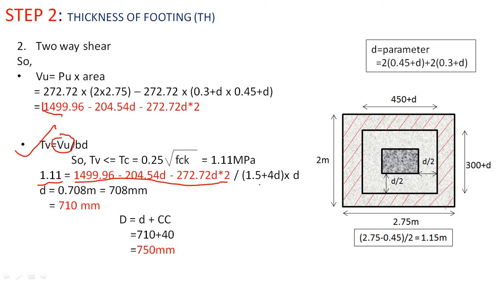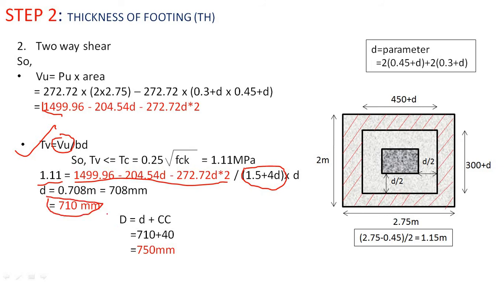It came from here, it is the perimeter: 2 times (0.45 plus d) plus 2 times (0.3 plus d). So we'll have the value of b as 1.5 plus 4d.